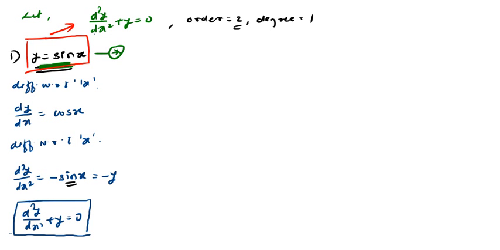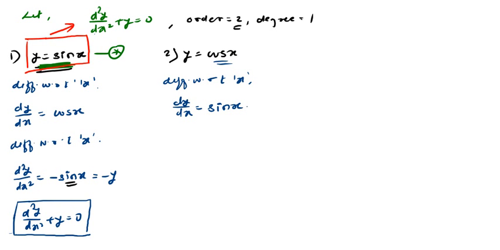Suppose in the second case I take another function, y equal to cos x. Again I differentiate this with respect to x, then see what will happen. This will be dy by dx is equal to the derivative of cos x, which is minus sin x.